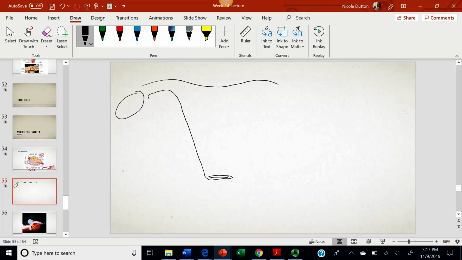Got the cervix here, uterine tube, and then you have another ovary over here. The egg was released from this ovary here, and the egg is going to start to migrate down into the uterus. Meanwhile, what's left behind on the ovary is the empty follicle, which turns into corpus luteum.